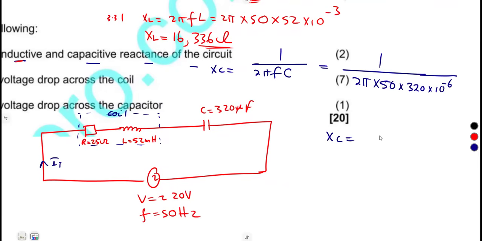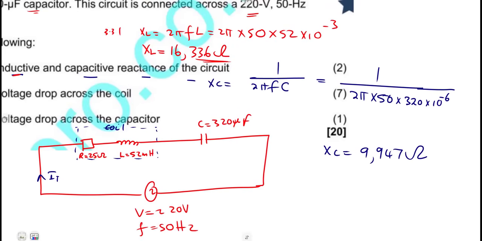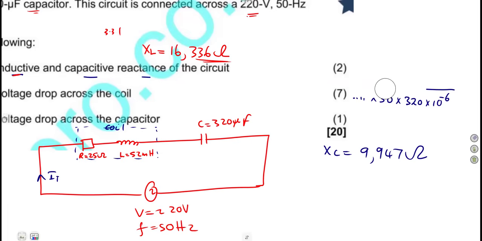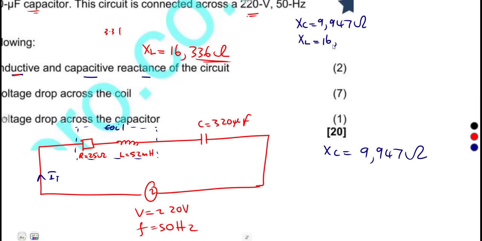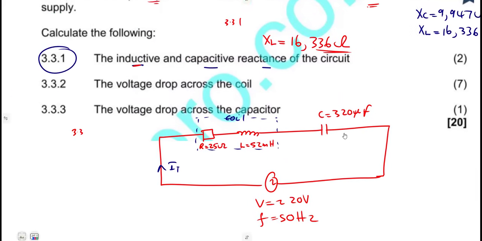So that's the reactance of the capacitor, which is 9,947 ohms. All right, so you needed these values, your XL and your XC. So our XC is 9,947 ohms, our XL is 16,336 ohms, like that.